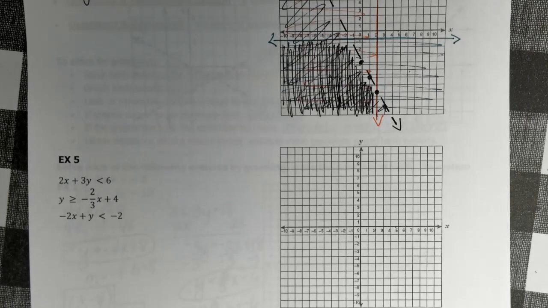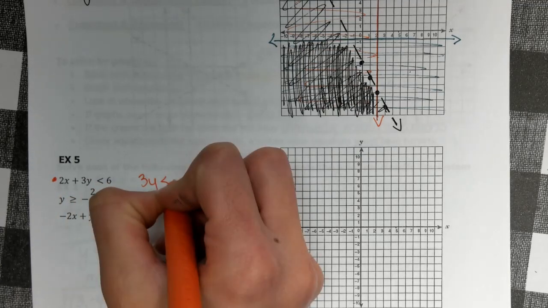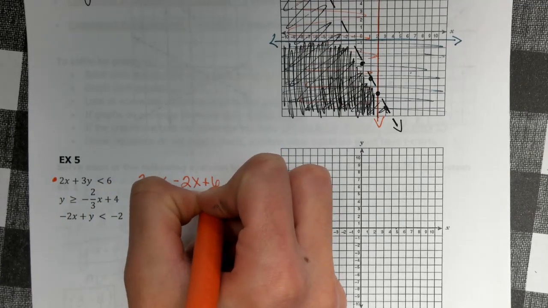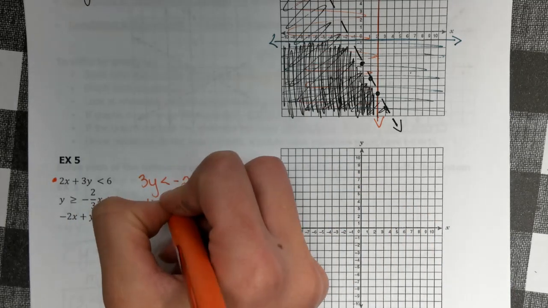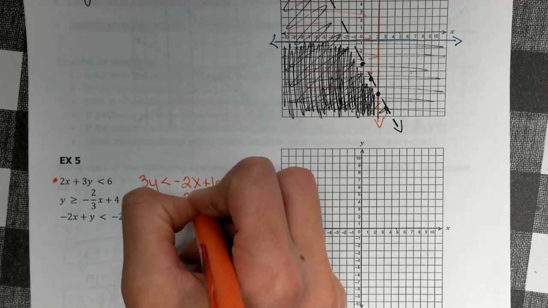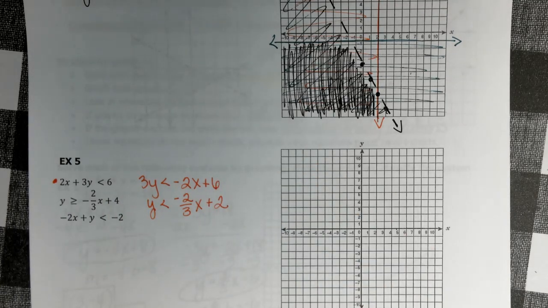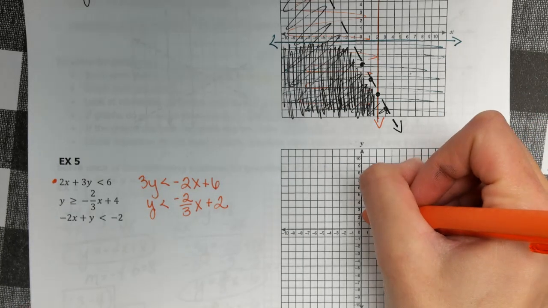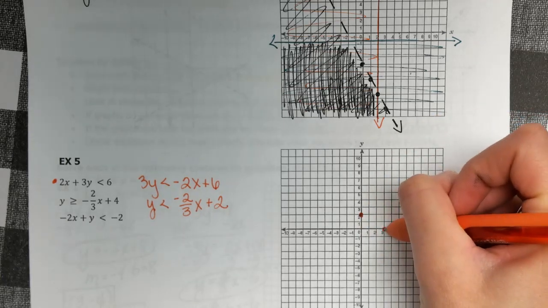Alright, so now I have 2x plus 3y is less than 6. Subtract your 2x. That leaves me with 3y is less than negative 2x plus 6. Divide by 3, and y is less than negative 2/3 x plus 2. Put 2 on your y-axis, and you're going to go down 2 to the right 3.